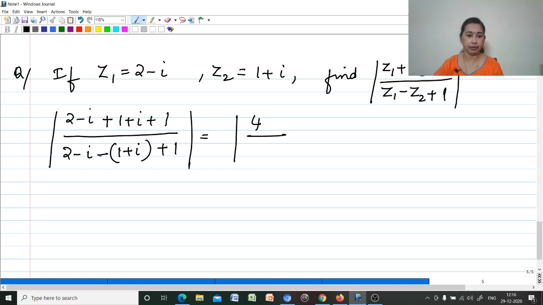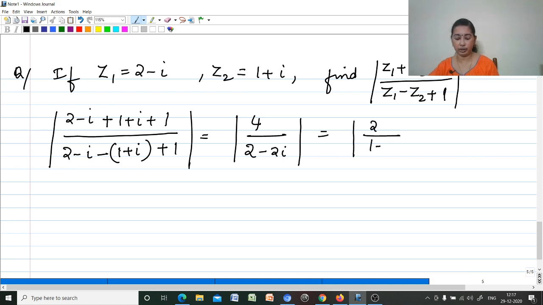divided by, here opening the bracket, 2 minus i minus 1 minus i, then plus 1. So plus 1 and minus 1 getting cancelled, remaining 2, then minus i is minus 2i. And we can see that 2 is common in the denominator, so that 2 can be taken out, and that 4 can be cancelled here, so remaining 2 by (1 minus i).